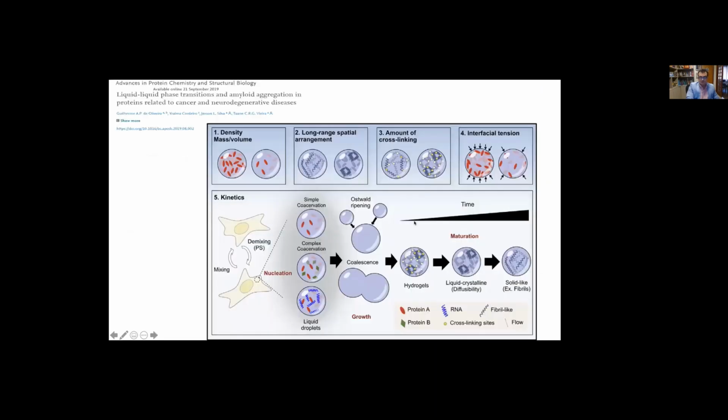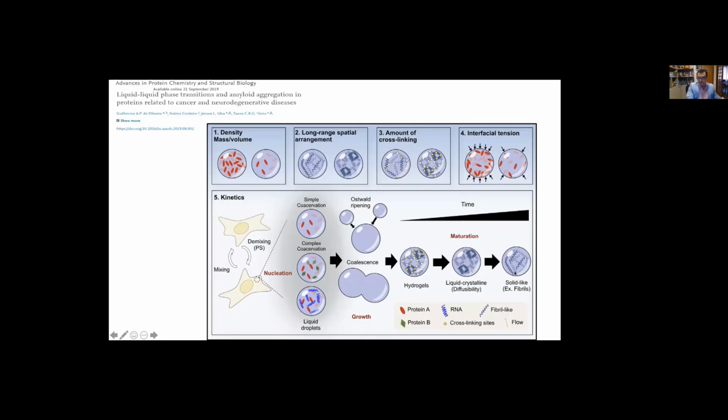And again, we know that phase separation is of course functional, but eventually something goes wrong, and there is a gel-like or a solid-like phase transition.